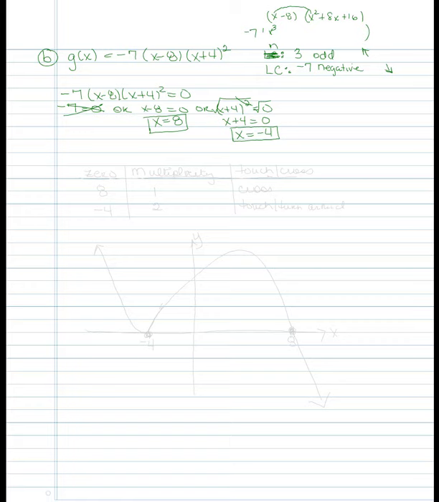All right. So the next thing we want to do is give the multiplicity for each zero. Well, we have 8 and we have -4.